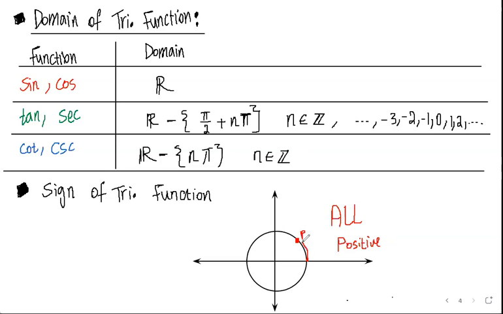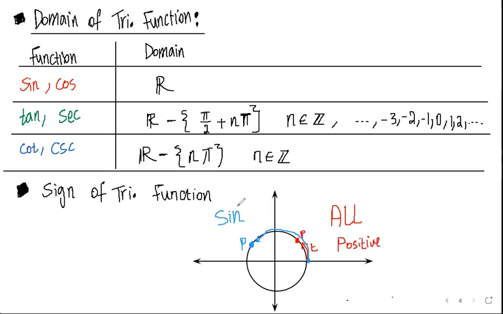So here is my t. If I walk around this circle and I stop up to here, and this is my terminal point P, the only function that is positive in this one is sine.